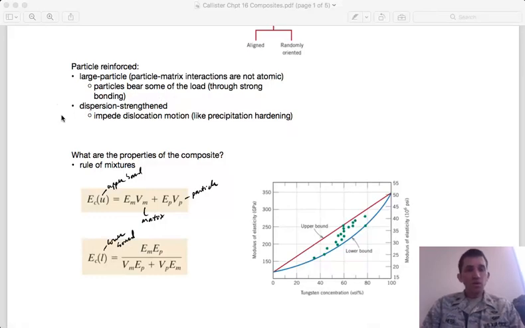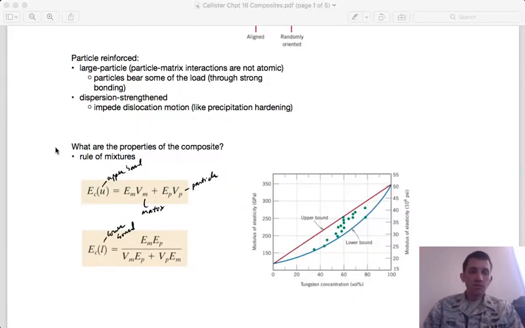If you have a much smaller particle, then you can have what's called a dispersion strengthened material, where you have a very fine dispersion of very fine particles, and these act more like a precipitate, perhaps, that you might get through age hardening, like in an aluminum alloy, for instance, precipitation hardening, where the particles are so small that they get much closer to disrupting the dislocation motion through the material on an atomic level, rather than the large particle, which is sort of bearing the load itself.